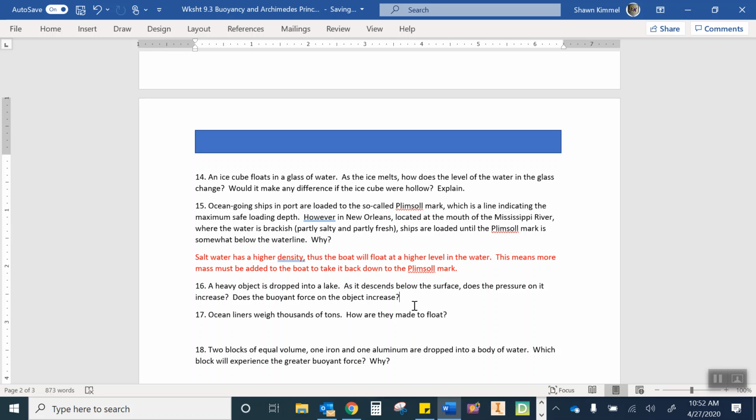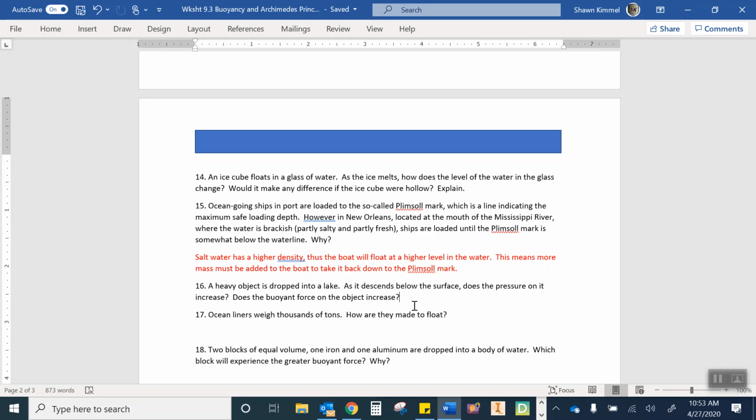As the density of the fluid you're floating in becomes higher, less of the object needs to be submerged to create a buoyancy force large enough to keep the boat afloat. This means there's going to be more mass added to the boat to take it back down to the Plimsoll mark, and right now it's in brackish water.